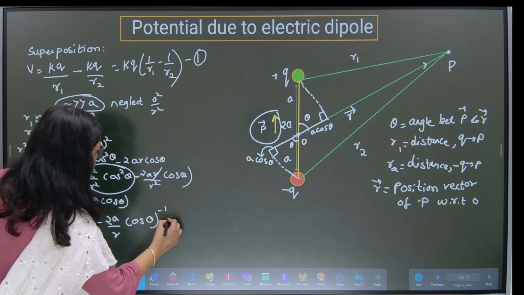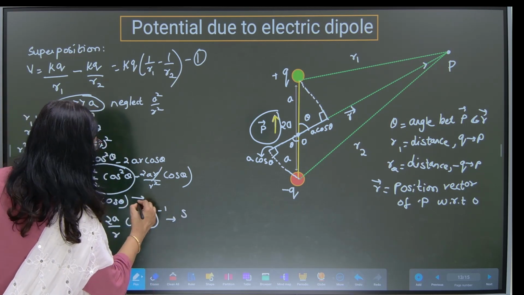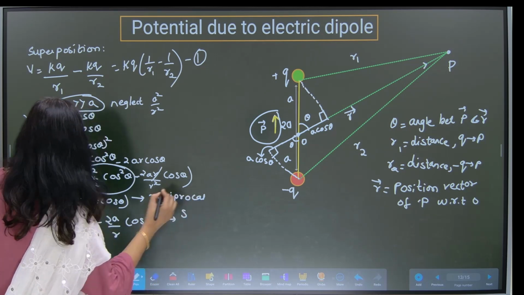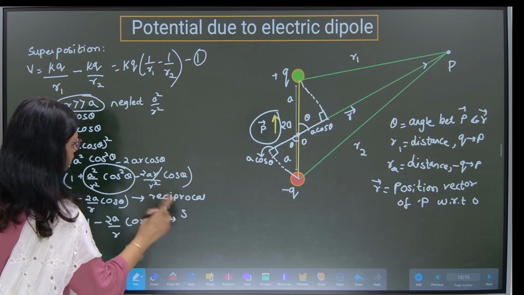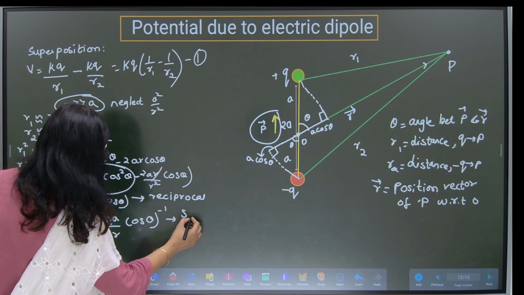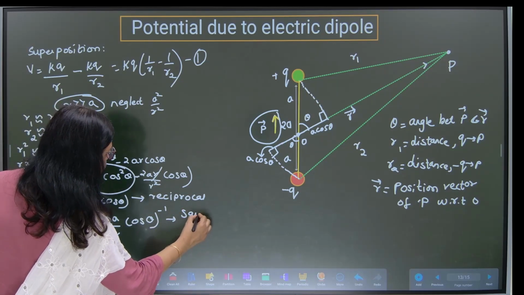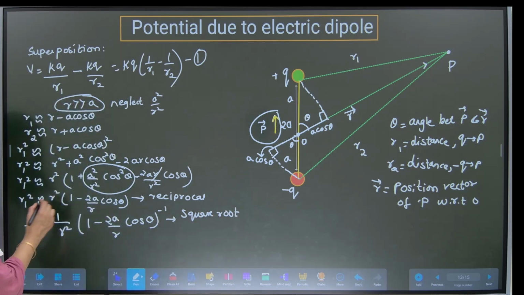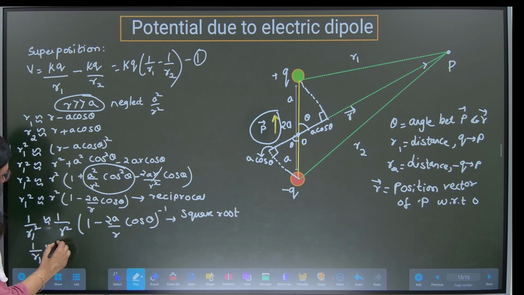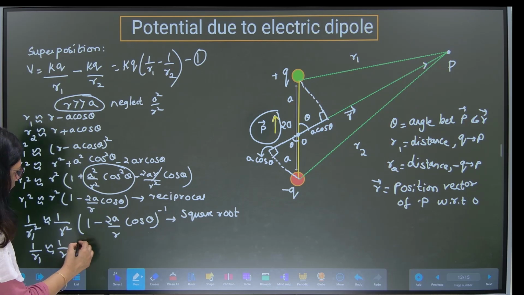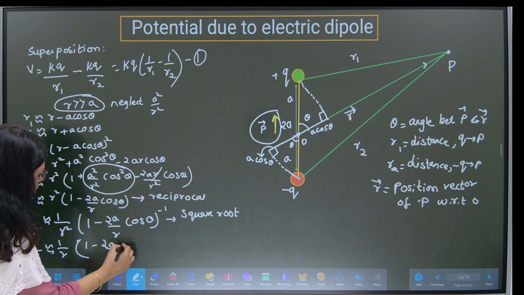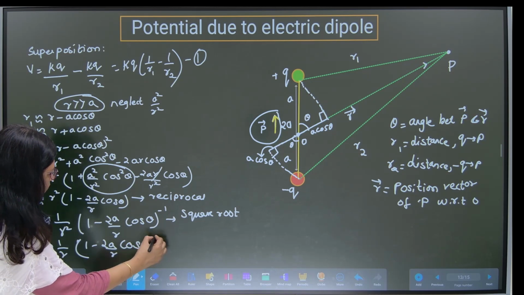Now taking the square root. So if I take the square root, I get 1 upon R1 nearly equal to 1 upon R, and 1 minus 2a upon R cos theta whole raised to negative half.